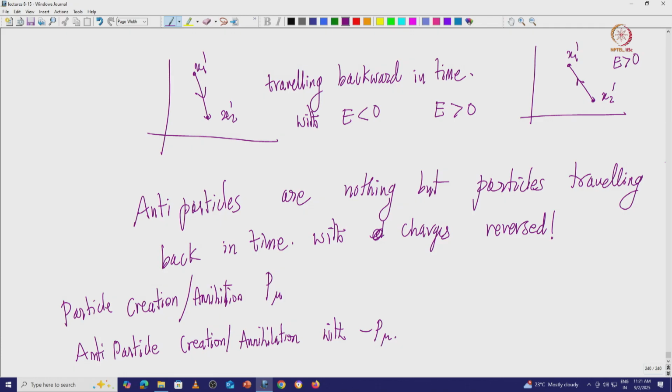When E changes sign, t also changes sign. So E is negative, and if t is negative, E t becomes the same sign as particles essentially.